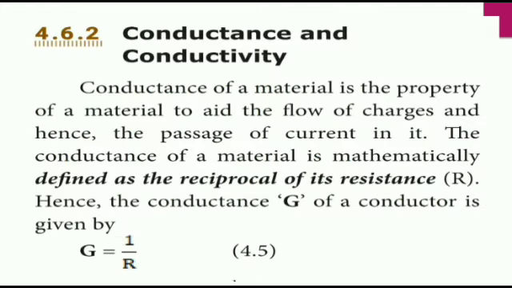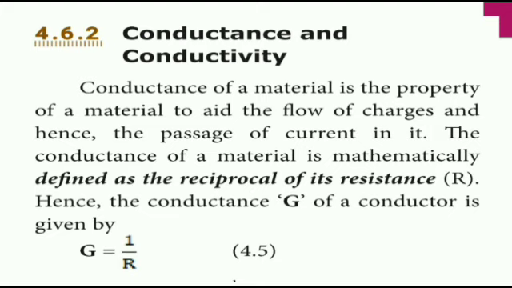Now come to today's topic, conductance and conductivity. Conductance and conductivity are like resistance and resistivity. The conductance of a material is the property of the material to aid the flow of charges, and hence the passage of current in it.